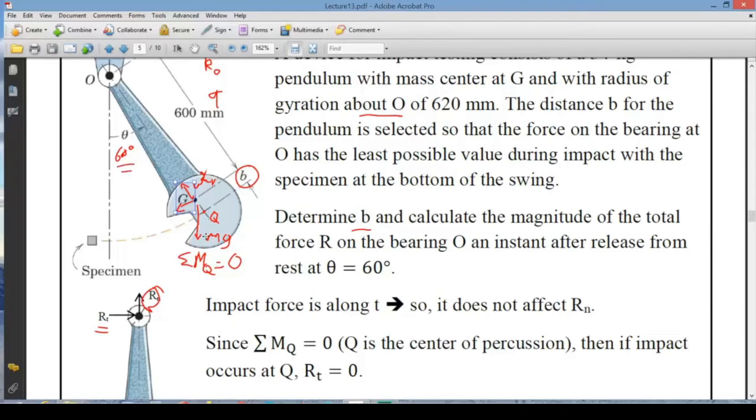The tangential direction force will be mg times sine 60 degrees, and the normal component is mg times cosine 60 degrees. You need to be careful about the directions.